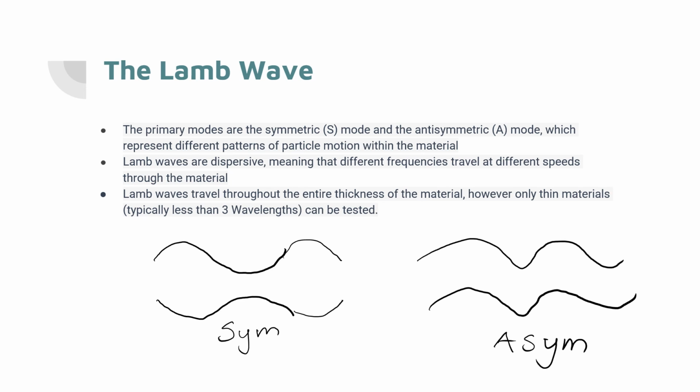Now, Lamb waves are dispersive, meaning that they have different frequencies and travel at different speeds in the material. And typically they will travel through the entire thickness of a thin material. Now remember, Rayleigh waves, thick material, but they only travel to less than one wavelength, whereas Lamb waves are typically in thin materials, less than 3 wavelengths thick, but they travel through the entire piece of material.